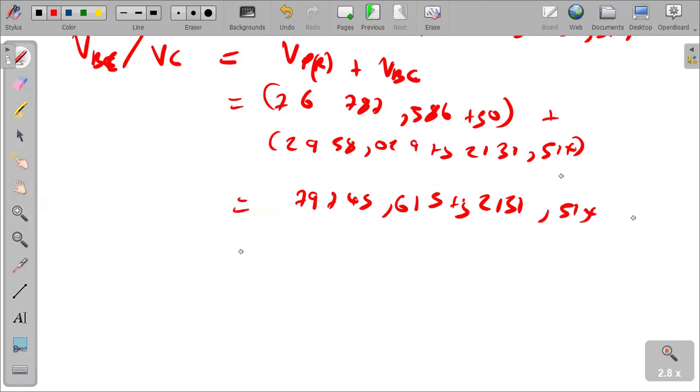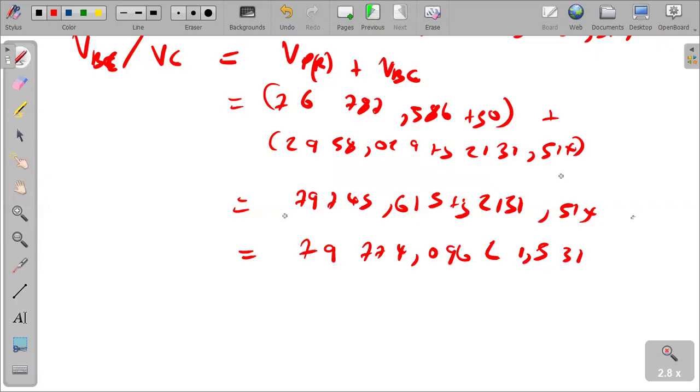Converting that to polar, that will be 79,774.07096 angle of 1.531. So it means now we have VC.